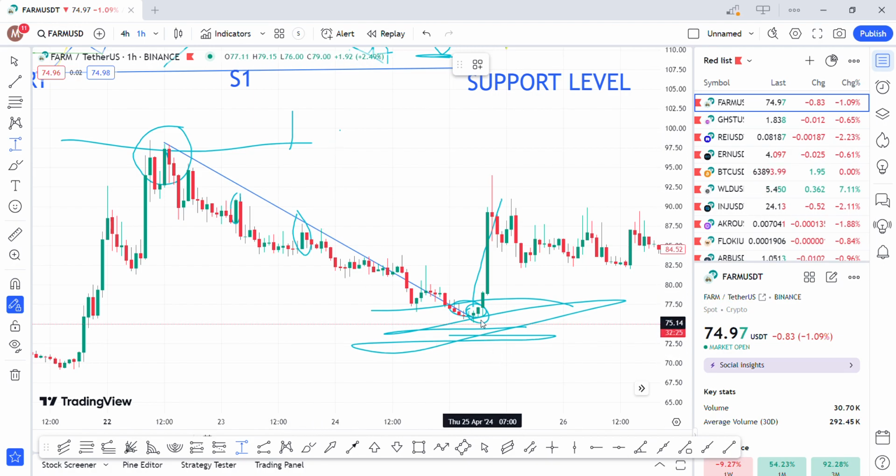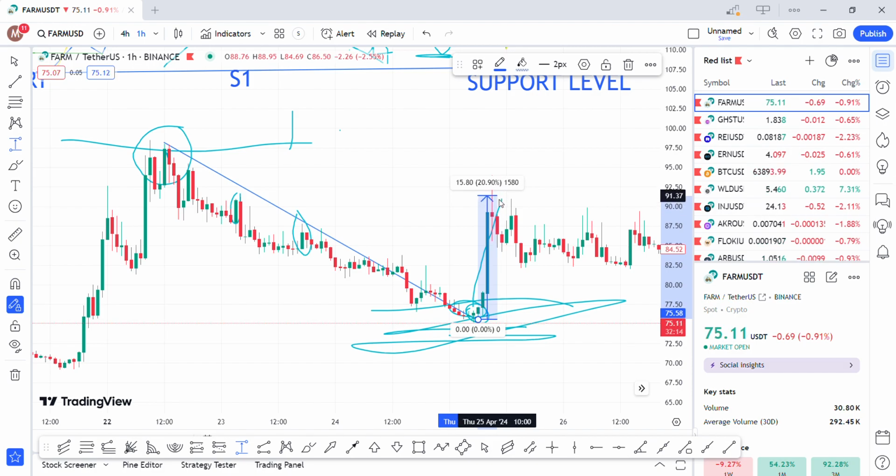So somebody who enters from this place and exits here, just imagine, that is 18 take profit. You understand? So when you have an inverted V, expect that the next candle is going to form a normal V, the real V. And when it forms the real V, take your percentage.